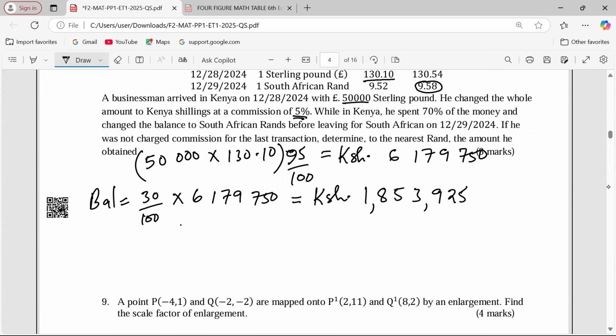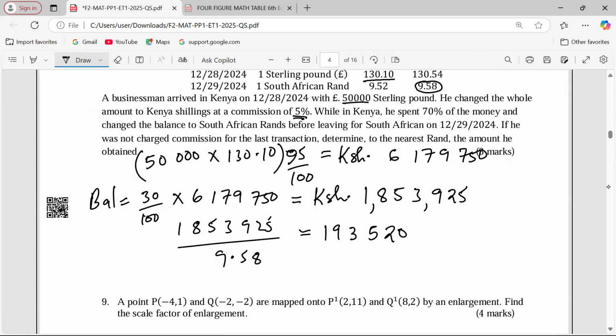So we will take the amount that you have and we divide it by the selling price of 1 South African rand so that we know how many South African rand you will be in a position to purchase. So we divide this by 9.58, giving us 193,520.